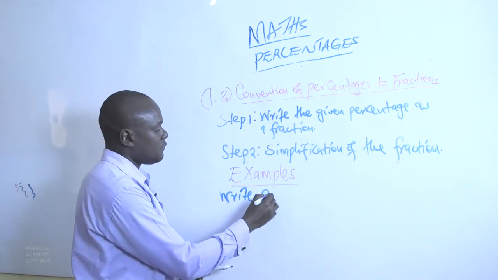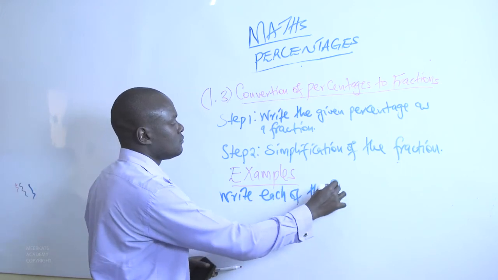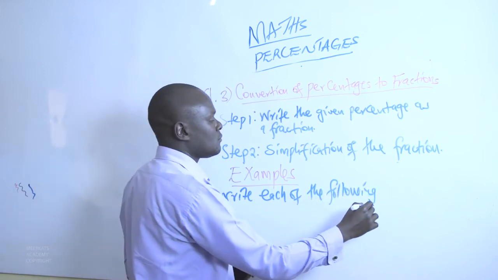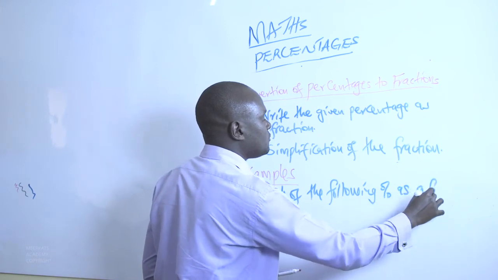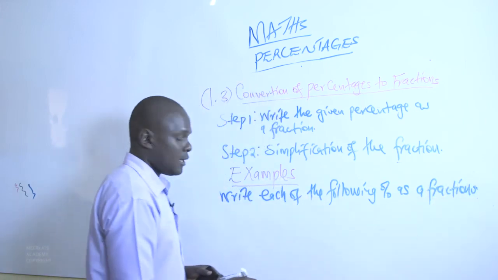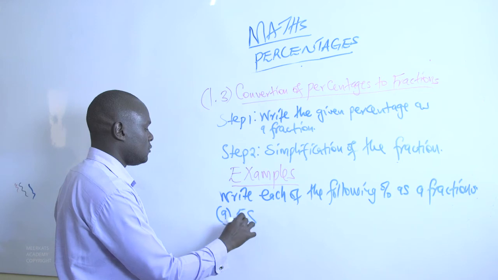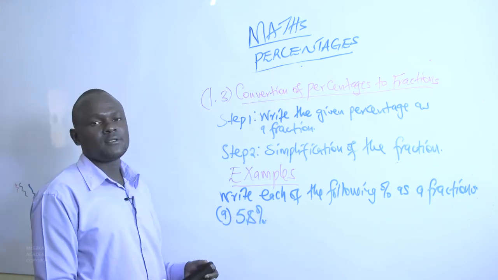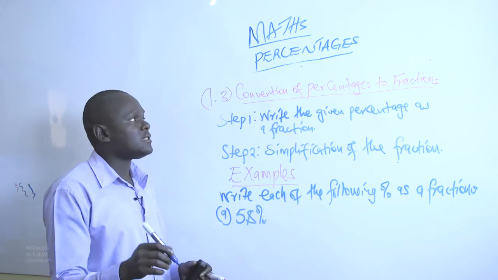We write each of the following percentages as a fraction. And our first example is 58%. How do we write 58% as a fraction?